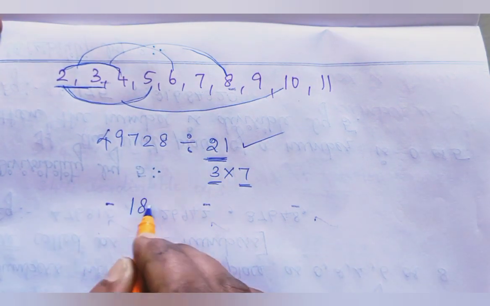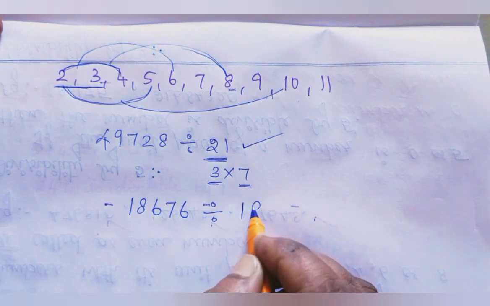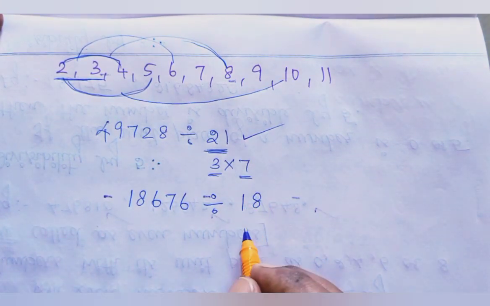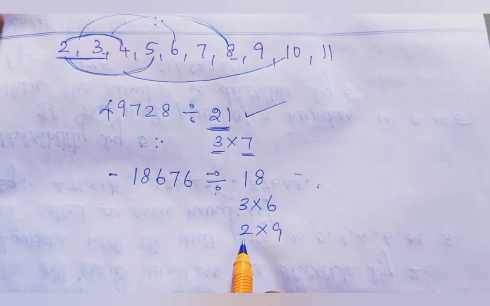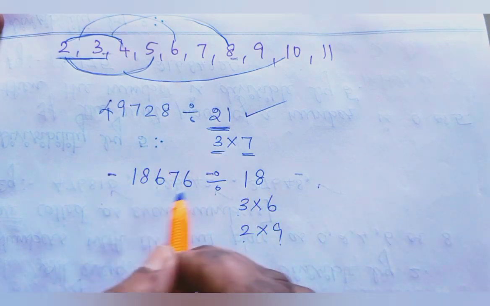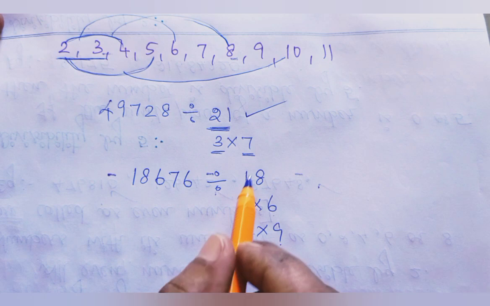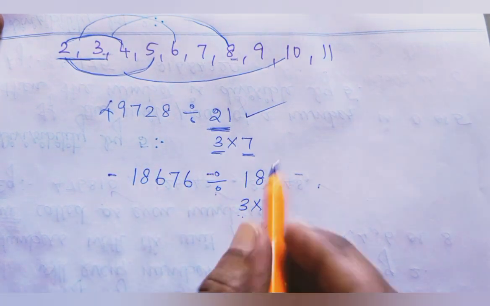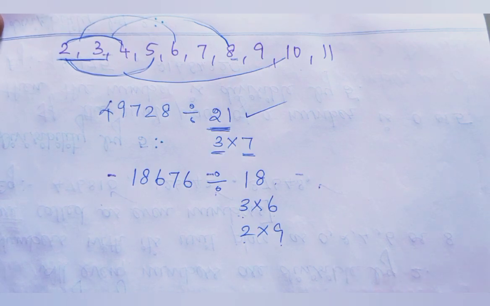Similarly, if we want to check whether 18,676 is divisible by 18, we have to split it into factors as 3 into 6, or 2 into 9. If this number is divisible by 2 and also 9, this number is divisible by 18. Or else if this number is divisible by 3 and 6, definitely that number will be divisible by 18. So, we can apply this rule for this type of divisions also.